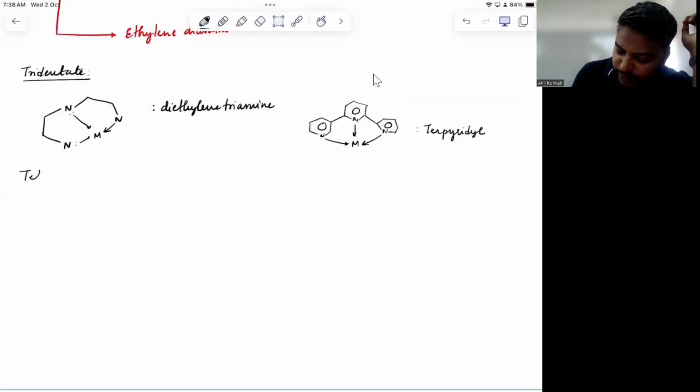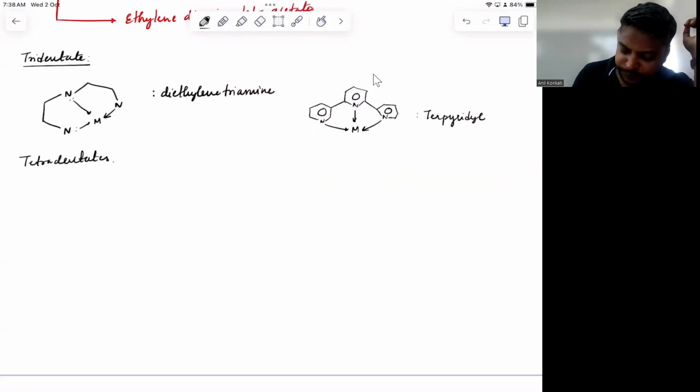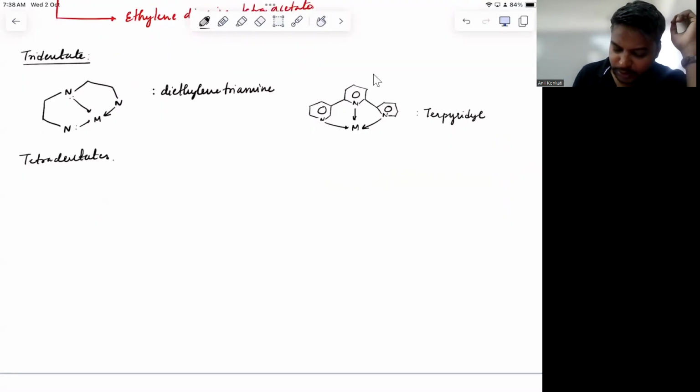When it comes to tetradentates, you can always rely on this one. We have CO minus, CO minus, CO minus.